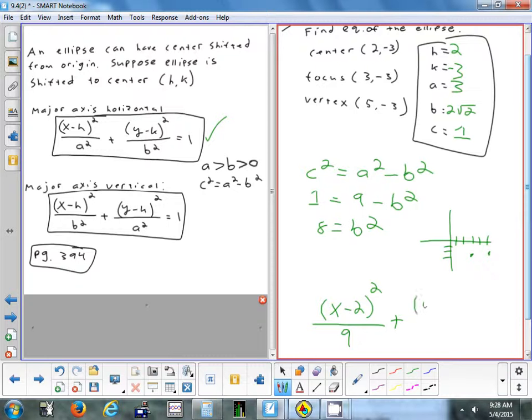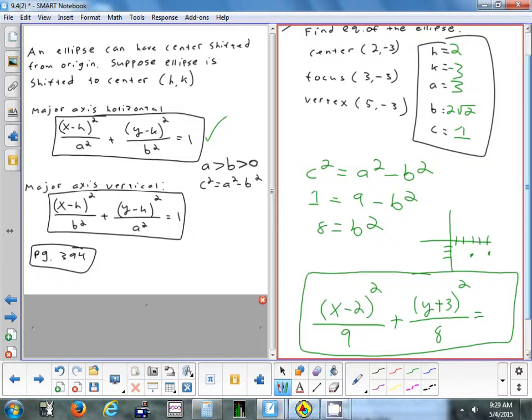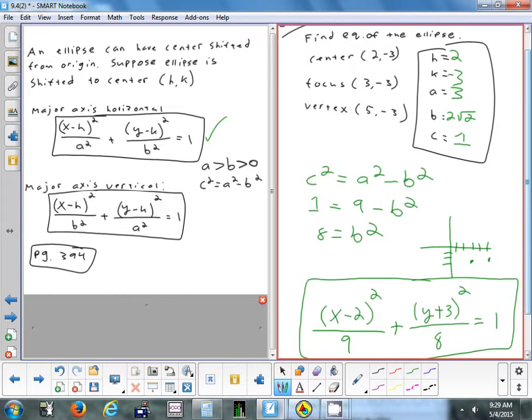Yep, squared over, do you remember what we took the square root of to get that? What was b squared? 8. Yeah, b squared was 8. And then the last thing, just set it equal to 1. And that's it. That's your equation of an ellipse that satisfies all those conditions. Okay, any questions on that?